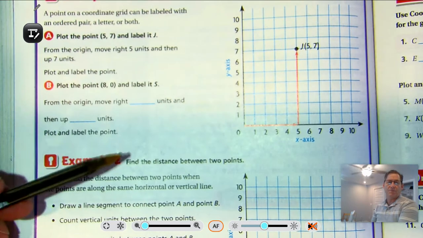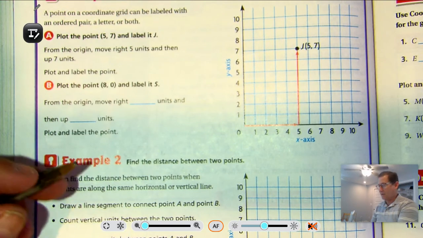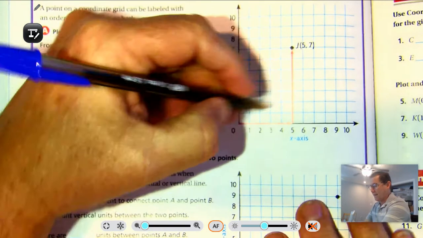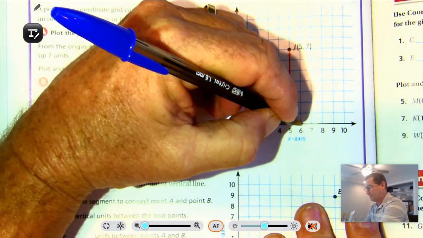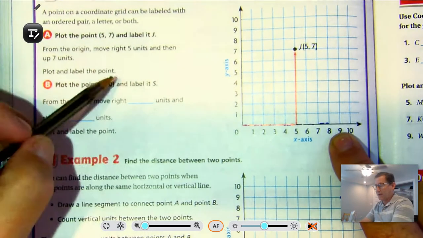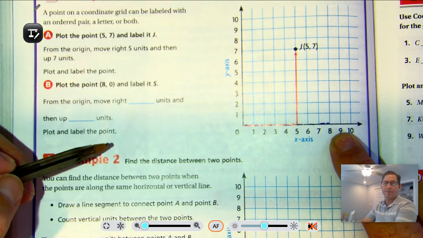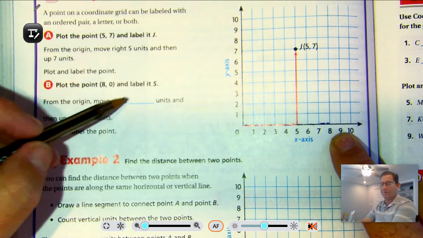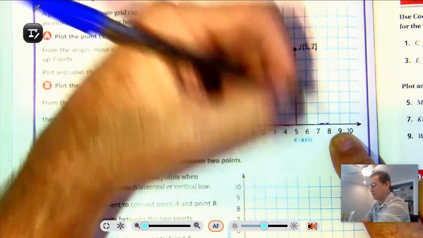Now let's plot the point 8, 0 and label it S. In this case, we're going to go over to 8. Okay, there's 8. And it's not going to leave the origin on this one, the 0 coordinate along the y-axis. It's not going to go up any.